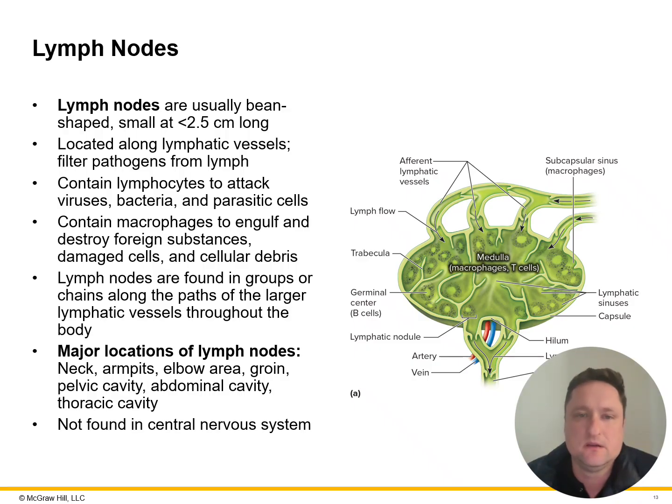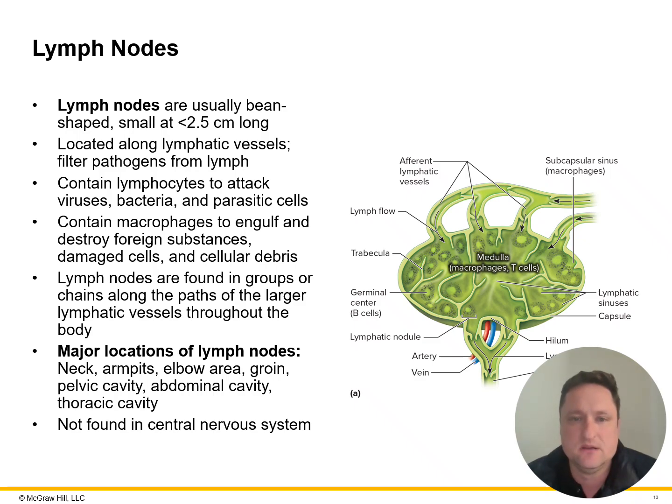As lymph percolates through the node's reticular framework, macrophages engulf pathogens, damaged cells, and debris, while lymphocytes, these are B and T cells, they recognize and respond to antigens. So this makes nodes both filters and immune checkpoints.